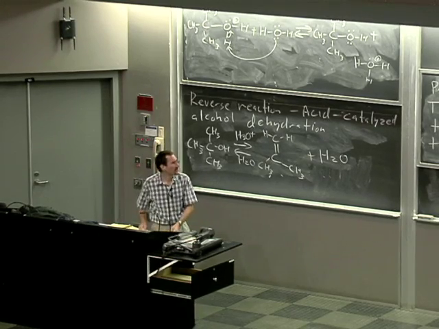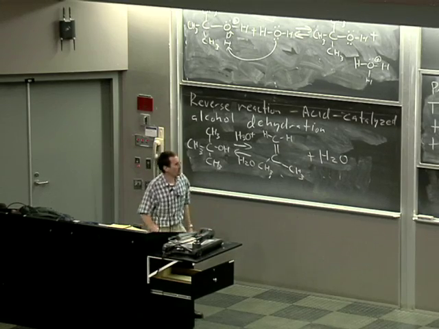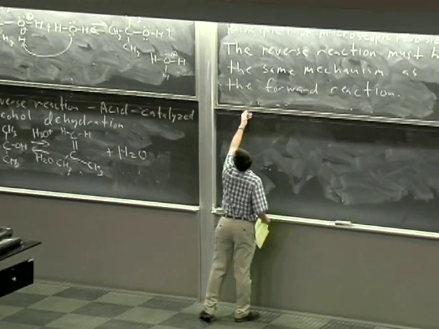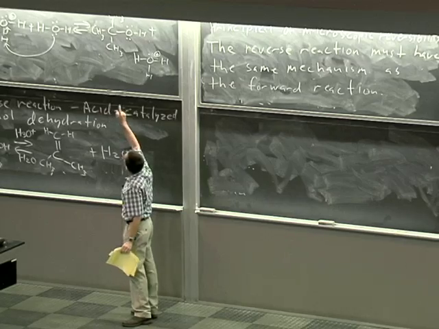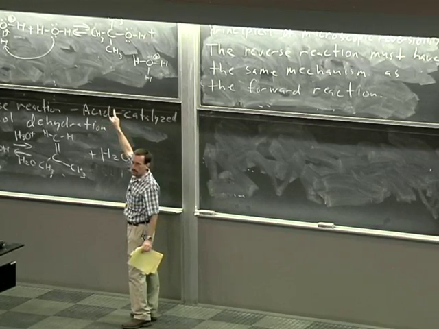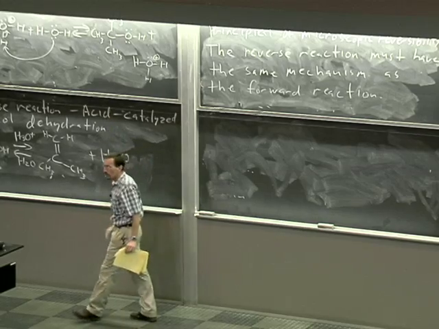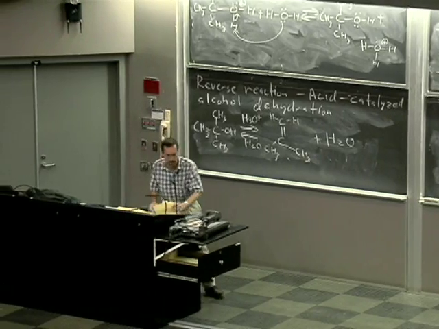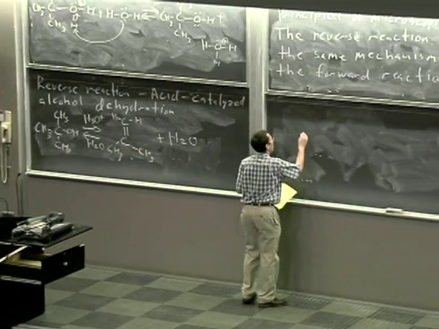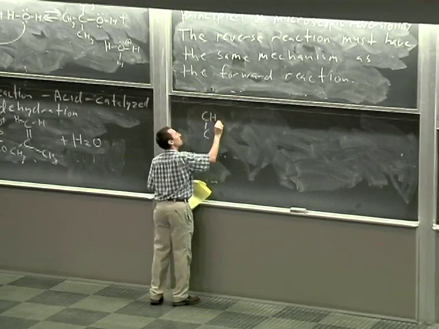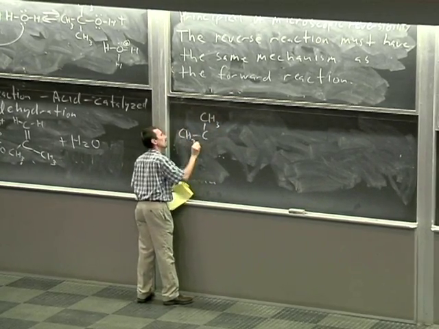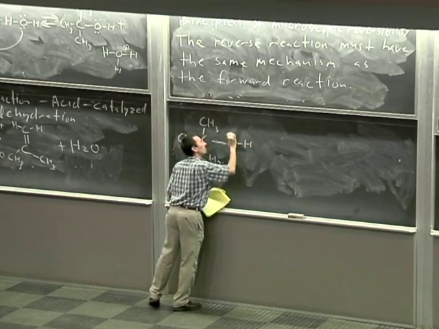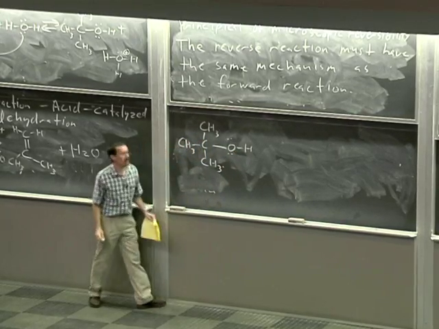So we're going to write out the mechanism for the reverse reaction. The reaction ended with the deprotonation of protonated tert-butanol. And so the very first step in the reverse reaction is just going to be the protonation of tert-butanol. In other words, here's tert-butanol.